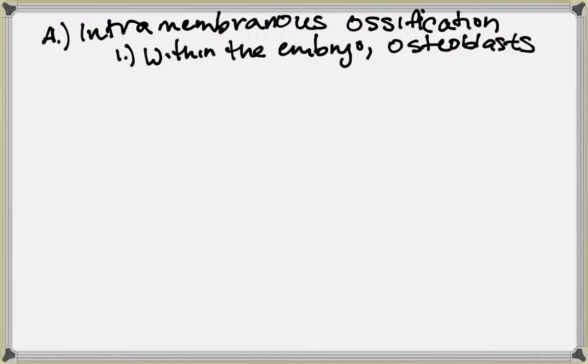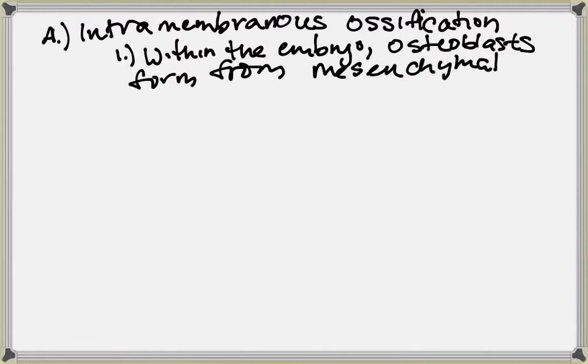So this is going to generate it. So osteoblasts form from mesenchymal cells, and these are embryonic cells located within the embryonic fibrous connective tissue.